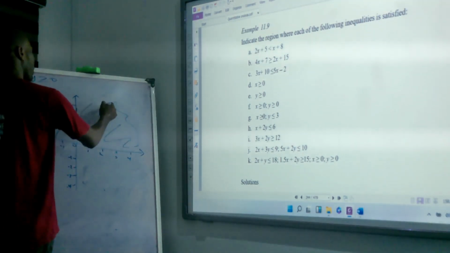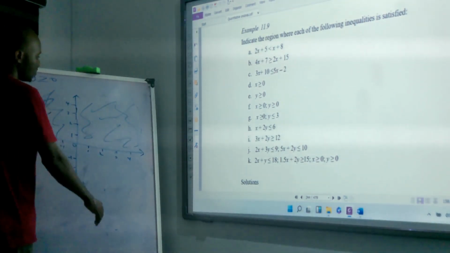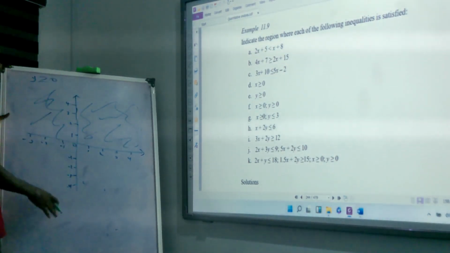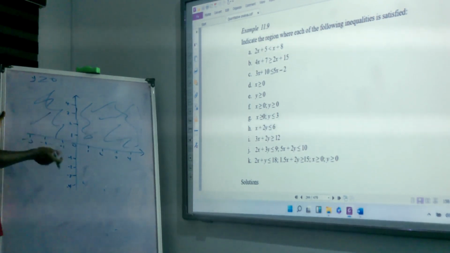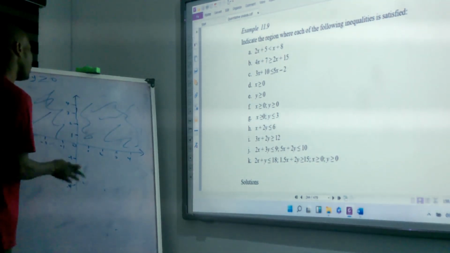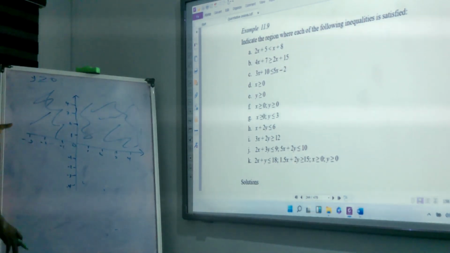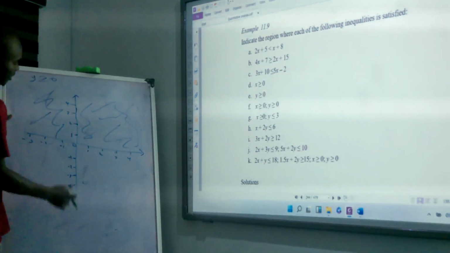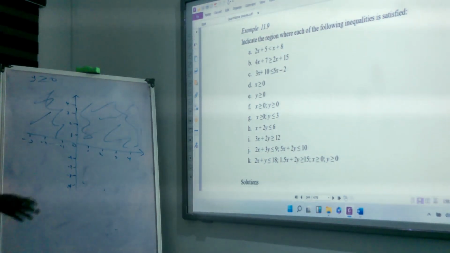All of this upside here are positive towards y. These are positive values up, these are negative values. So if we say y is greater than or equal to 0, we are picking it up from 0 up, irrespective of x values. For x greater than 0 it is on this place to the right, negative on this side.